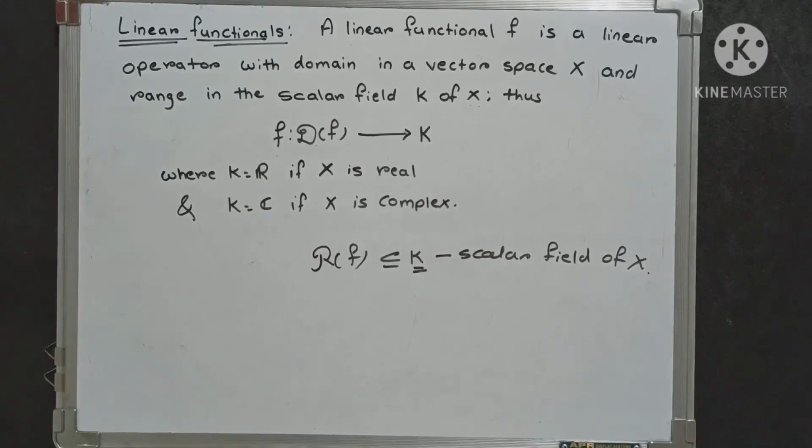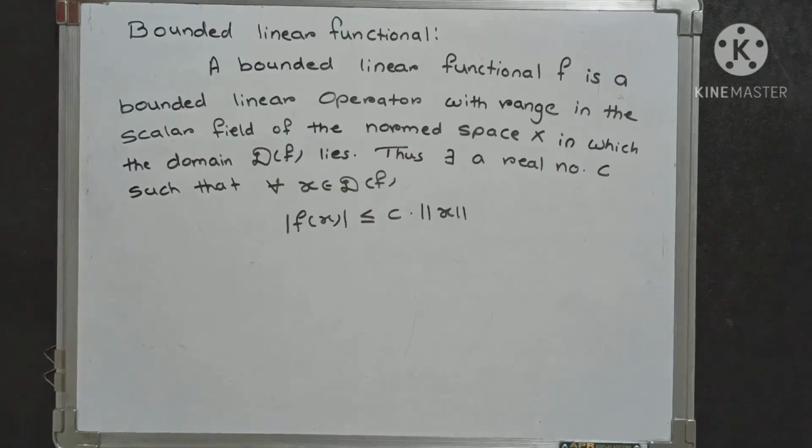Now after defining the linear functional, we define the bounded linear functional. Now the definition of bounded linear functional. A bounded linear functional is a bounded linear operator with the range in the scalar field of the normed space X in which the domain script D of F lies, and thus there exists a real number c such that for all x belonging to script D of F, mod of F of x is less than or equal to c times norm of x.